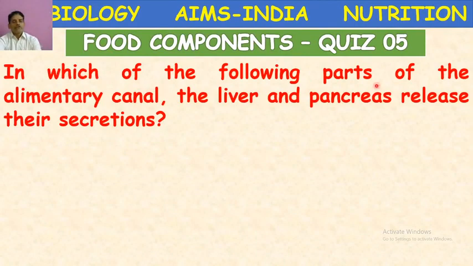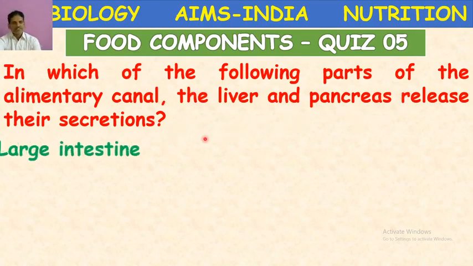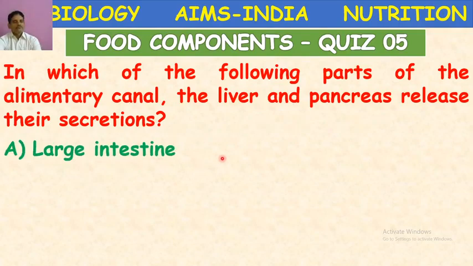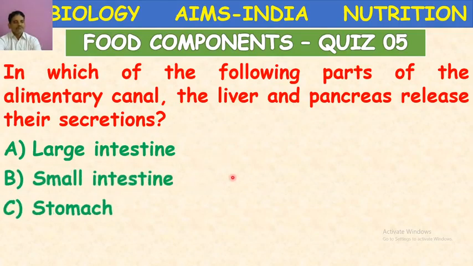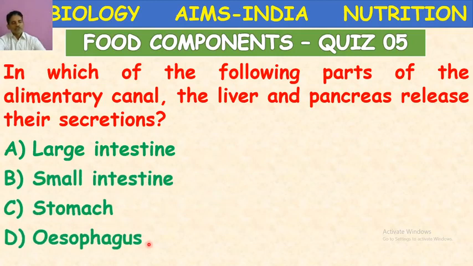In which of the following parts of the alimentary canal do the liver and pancreas release their secretions? Large intestine, small intestine, stomach, oesophagus. It's a very interesting question. I am giving a clue: duodenum.